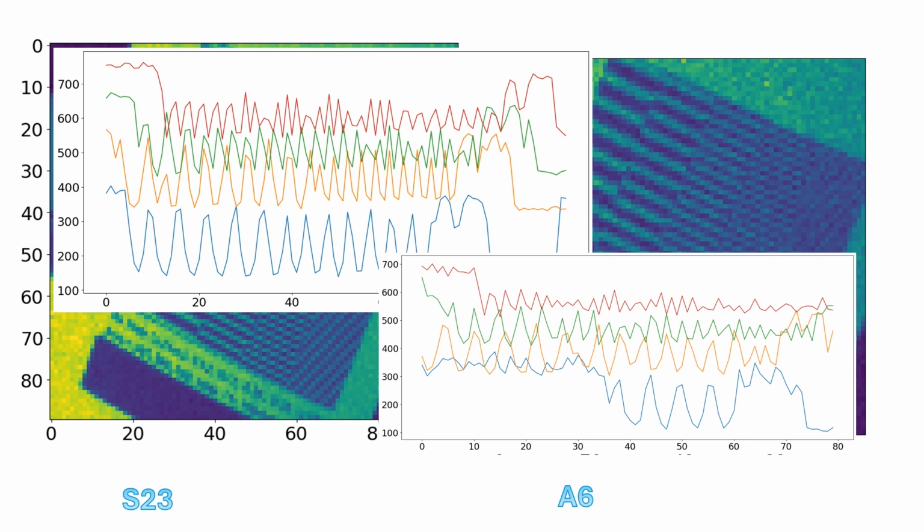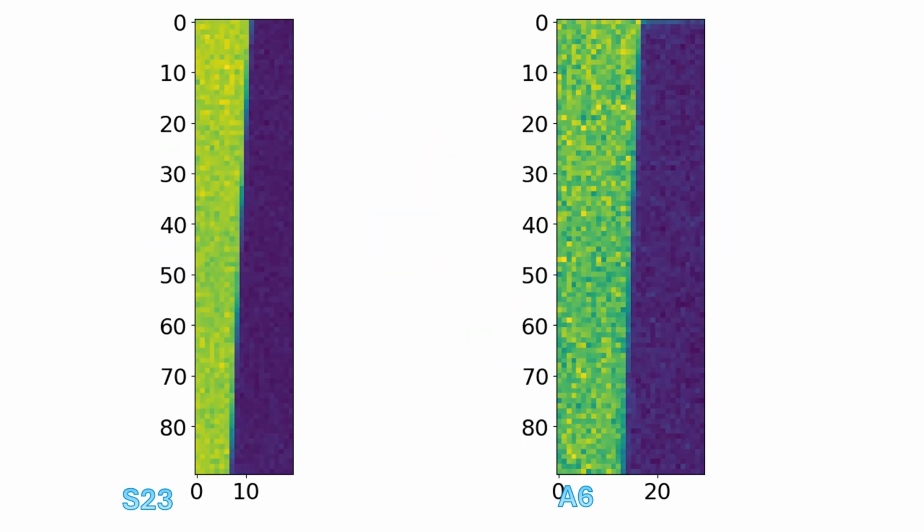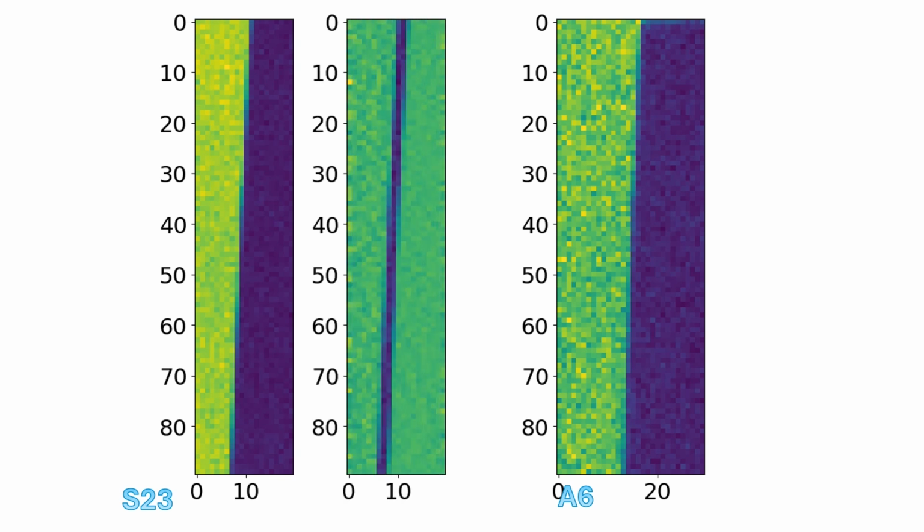We go to the edge. There was the center of the image. You can see this is on the left the edge plot from the S23, and on the right from the tablet. Again, we can take the derivative horizontally and get the line that corresponds to the edge and find its slope. One thing you'll see is that the A6 is a lot noisier than the S23.